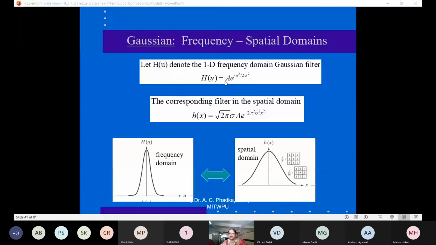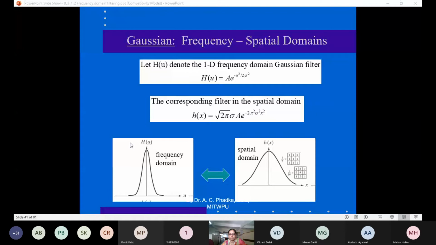Okay, so here H(u), that is your filter function, and in one dimension we can represent this H(u) for Gaussian as A into e raised to minus u square by 2 sigma square. Okay, so this sigma is nothing but your cutoff frequency or width of Gaussian, and for this frequency domain Gaussian filter, its equivalent spatial domain representation is given by h(x) is equal to root 2 pi sigma into A into e raised to minus 2 pi square sigma square x square.